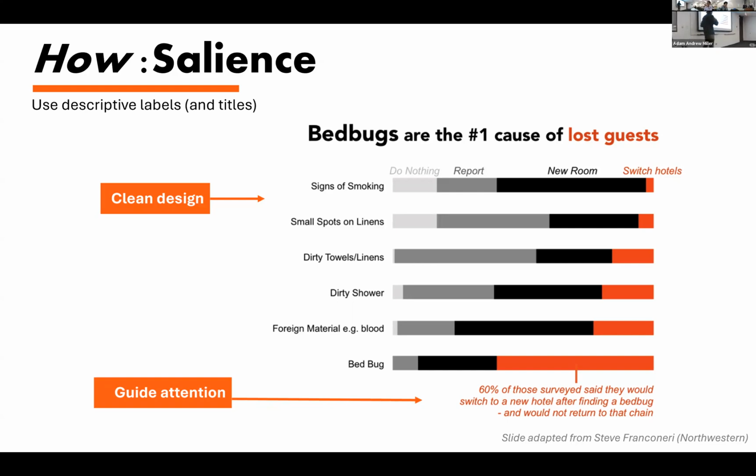In addition to that, although this is really what they want you to see first, there's a lot more data that you could then peruse afterwards. For instance, oh, signs of smoking actually wasn't so bad. People just want to smoke in the room, right?